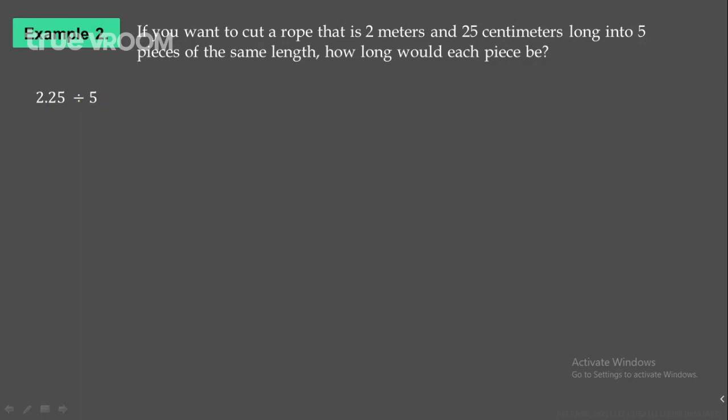So you will follow the same rule. You are going to write first the dividend. What is your dividend? 2.25 or 5? 2.25. Very good. What do you call 5? Divisor. Very good.